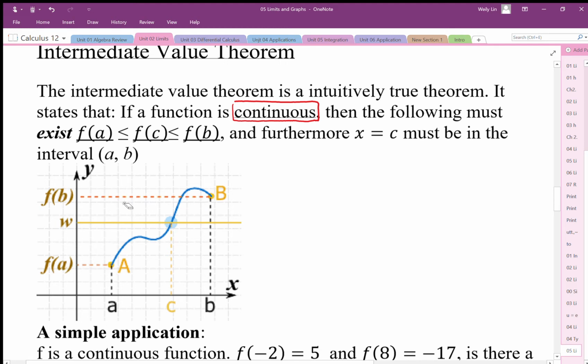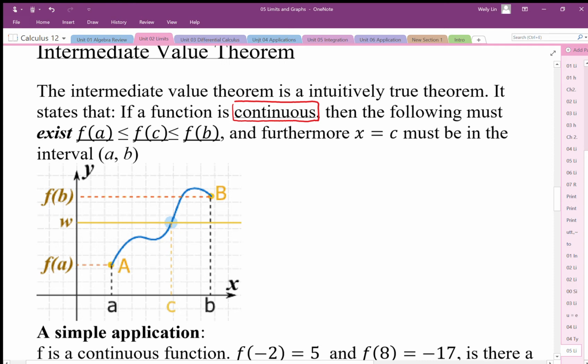There must be some points in between. And not only that, we know that this point W exists in between A and B. Okay? So we know that C must be in the interval between A and B. So f of C is inside here. We also know that it must be above the lower bound and below the upper bound.